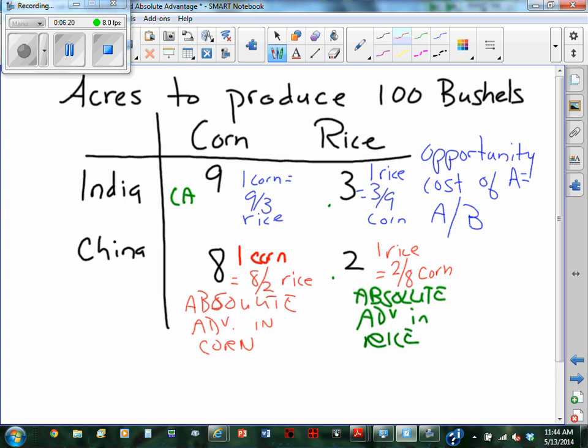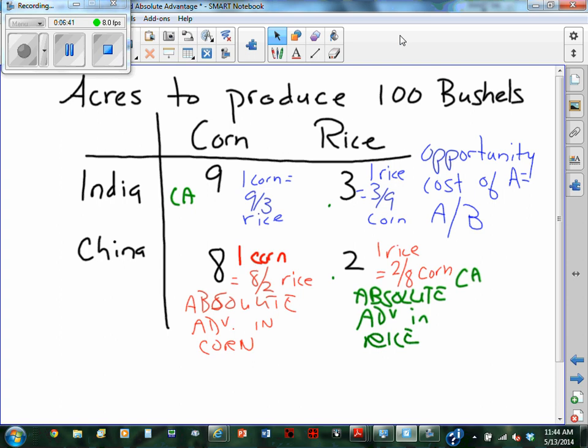So we know, even if we hadn't already done it by process of elimination, that China will have comparative advantage in production of rice. So India should specialize in producing corn and trade for rice, and China should specialize in producing rice and trade for corn.